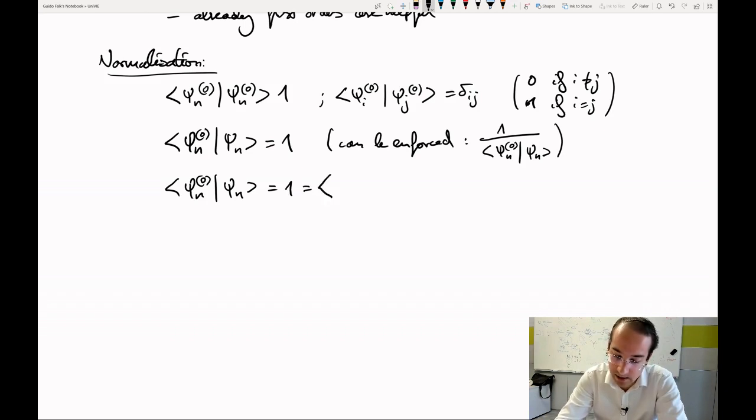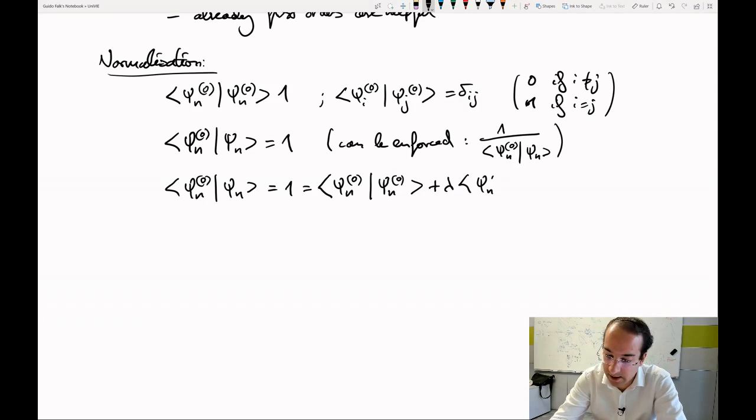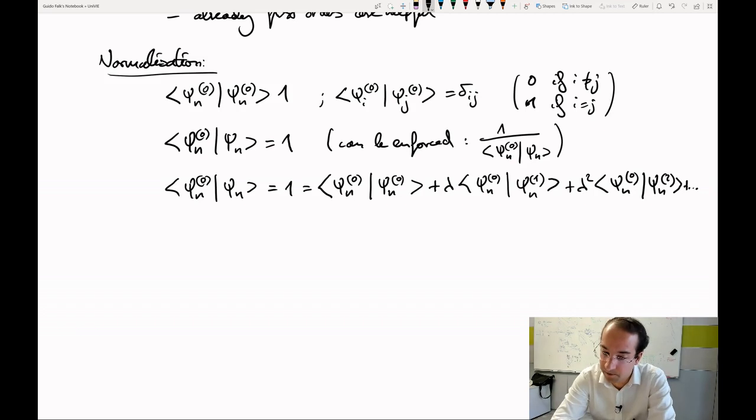So now we say this would be <psi_n^0|psi_n^0>, because that's the leading order term, plus lambda <psi_n^0|psi_n^1>, that's the left side, so the bra always stays as is, but the ket now increases in expansion order, plus lambda squared <psi_n^0|psi_n^2>, plus higher order terms.